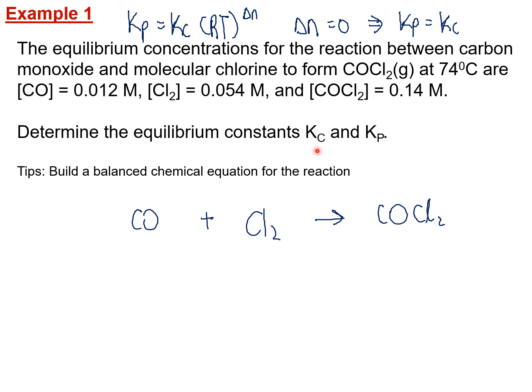Dia suruh kamu cari Kc and Kp, and ada perkataan equilibrium concentrations kat situ. So dah sah-sah lah, this gonna be a reversible chemical reaction. So you kena ubah the arrow tu, okay? And since that, dia suruh kamu relatekan Kp and Kc, and then you must know that you must be using this kind of formula. So everything must be in gas phase, okay? Alright. And after that, you try lah balancekan them out.